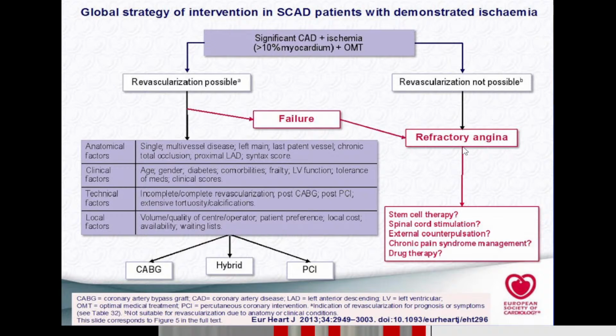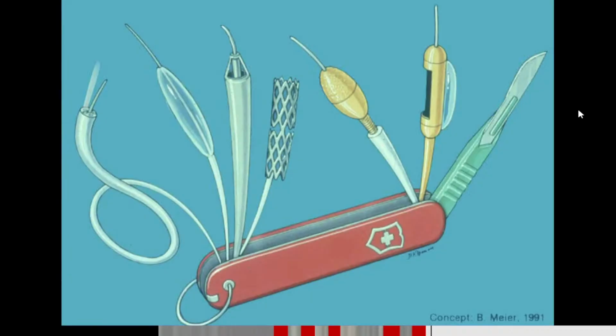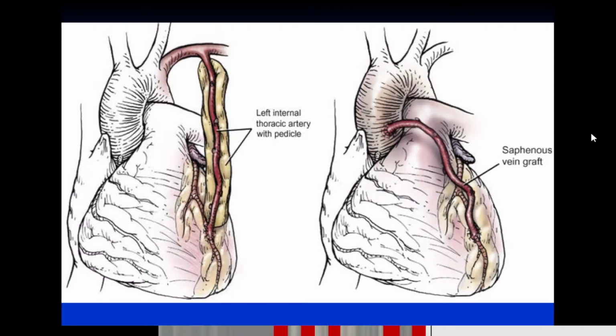If the patient has refractory angina, we can consider some novel methods, experimental methods like stem cell therapy, spinal cord stimulation, external counterpulsation, chronic pain syndrome management, and to reassess the drug therapy approach. And we have such a very wide spectrum of interventional methods, resembles the Swiss knife, like we can illustrate it.